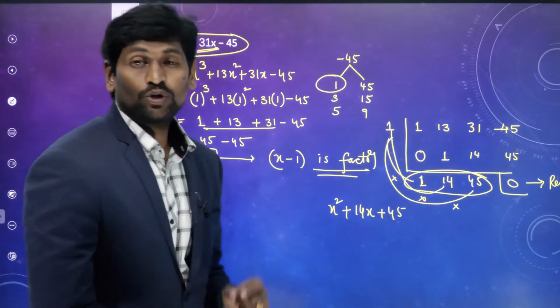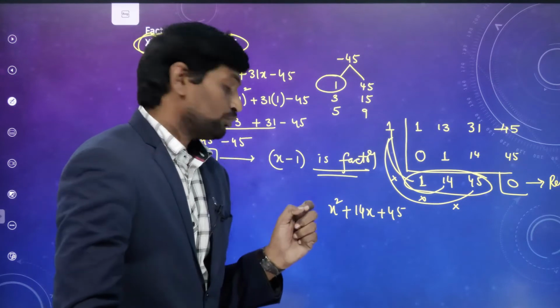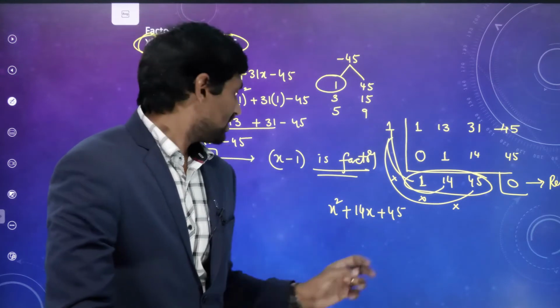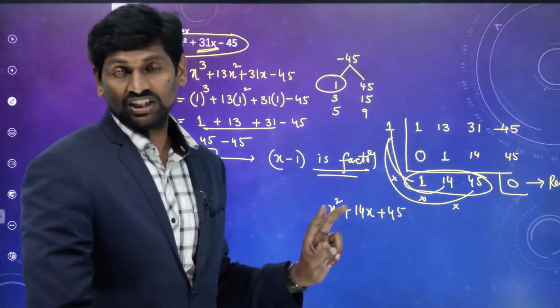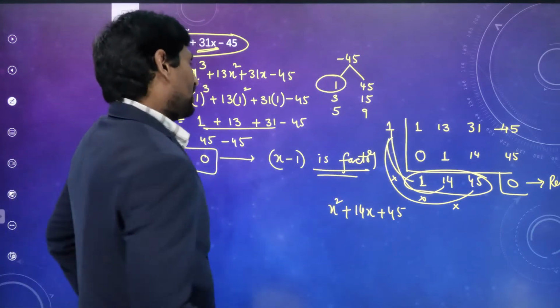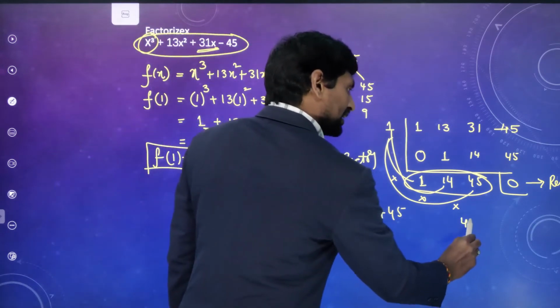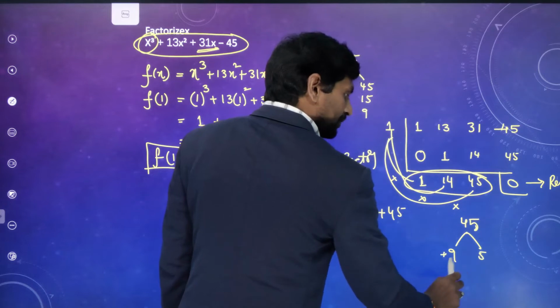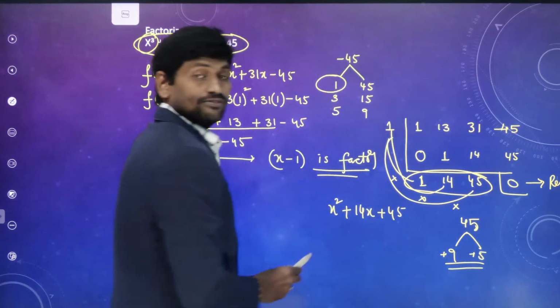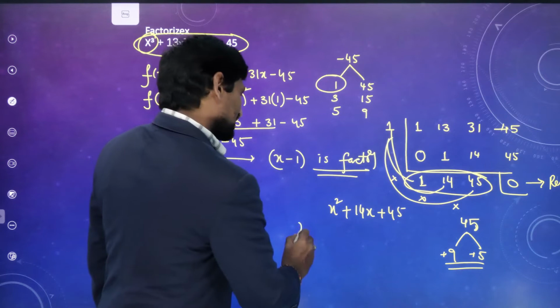You already learned in the quadratic equations chapter how to find the roots or factors of a quadratic equation by splitting the middle term, or we can use the formula. Yes, I am splitting the middle term by taking the factors of 45 as 9 5s 45, and 9 plus 5 becomes 14. So this 14 I can split as 9x plus 5x.